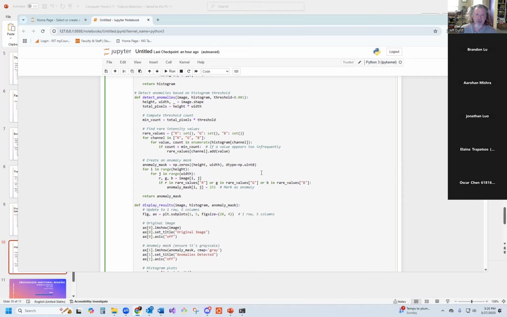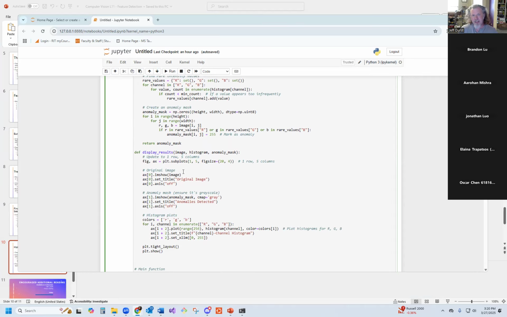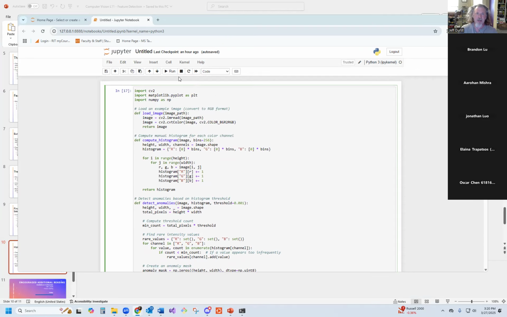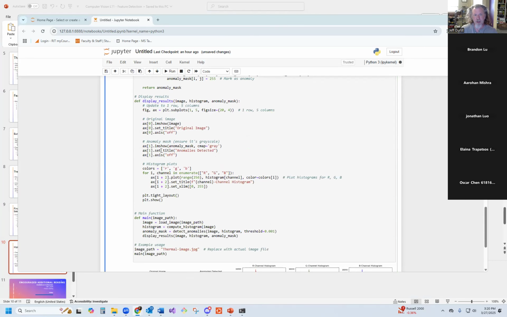And then to detect anomalies, we've set this threshold, and that's something we can tinker with to get more or less anomalies detected. And once we find those, we can flag them as anomalies.